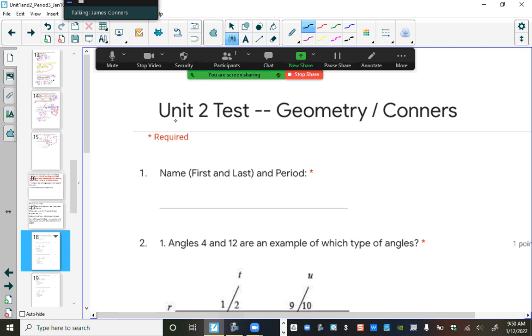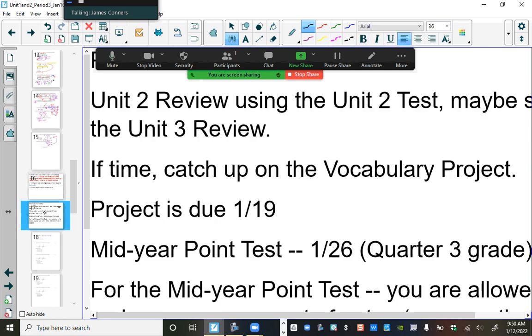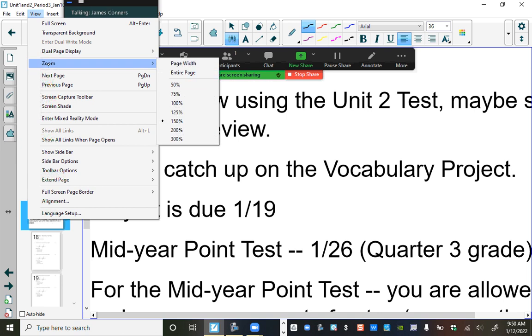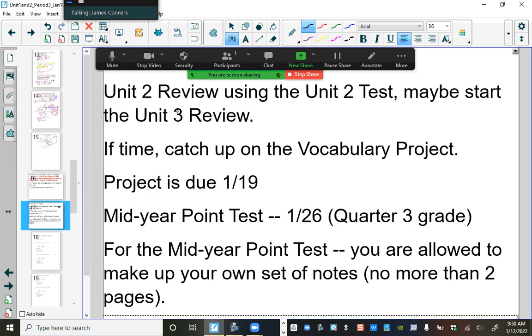So our goal for today, we'll zoom out real quick. The goal, Unit 2 review, we're going to use the actual test. If there's time, we may start the Unit 3 review, depending on how much time.